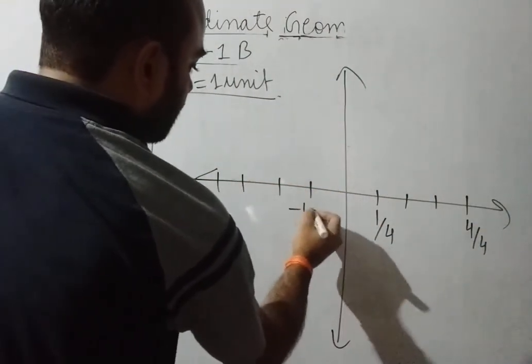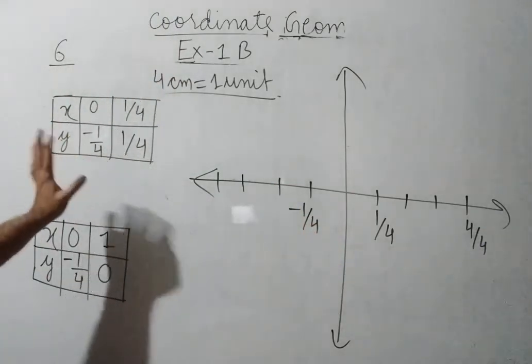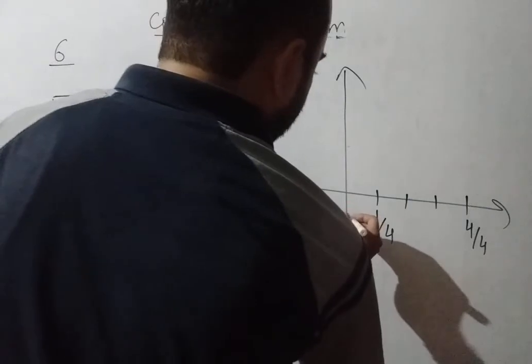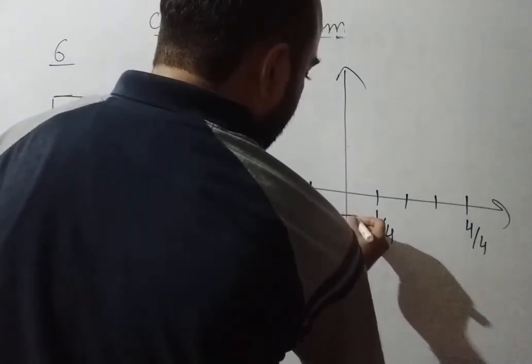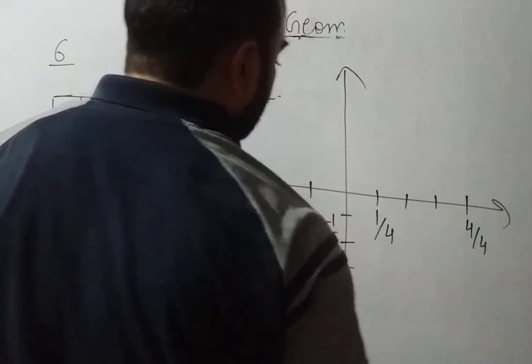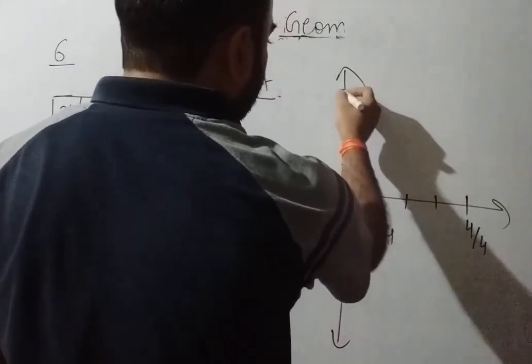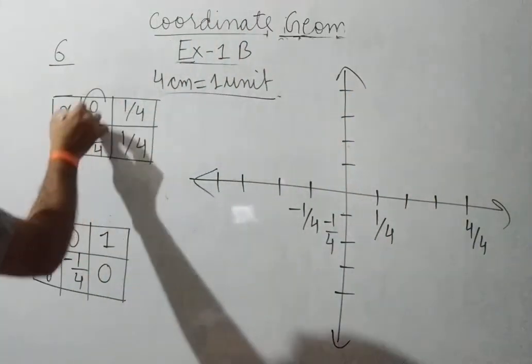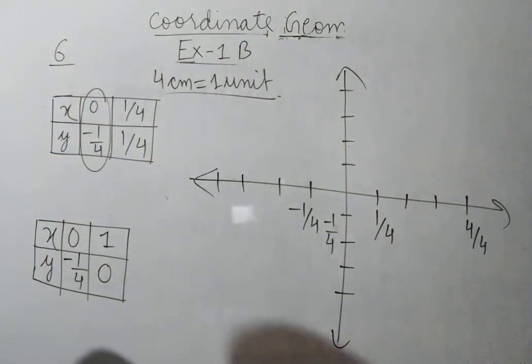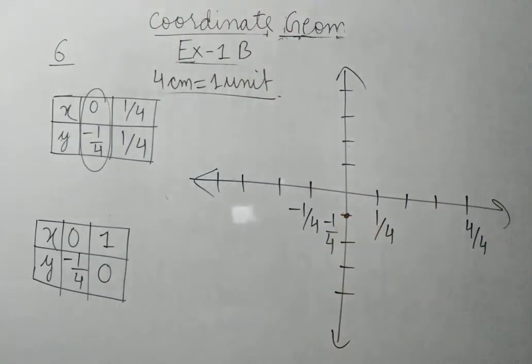This will be minus 1 by 4. In x we don't want this, but in y we want minus 1 upon 4. So this is also minus 1 upon 4. Next, 1, 2, 3, 4. So the first value is 0 comma minus 1 by 4. So this is 0 comma minus 1 by 4.